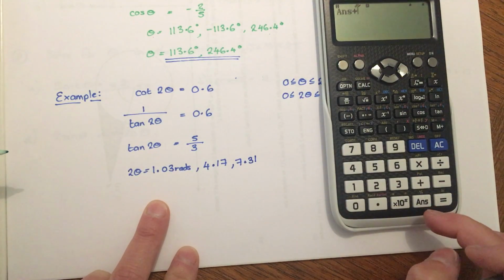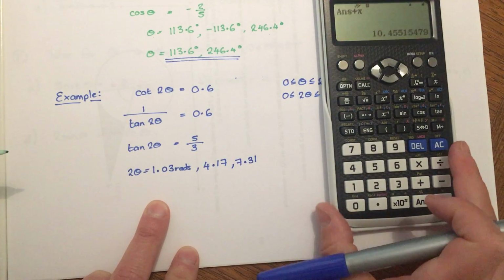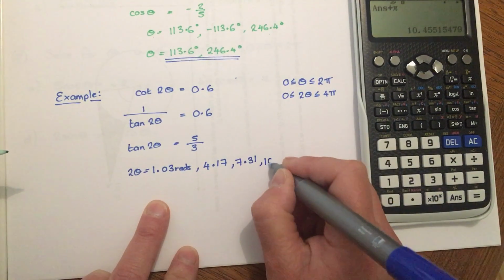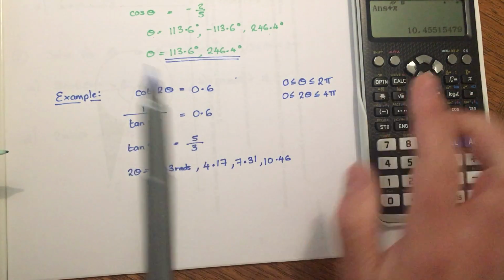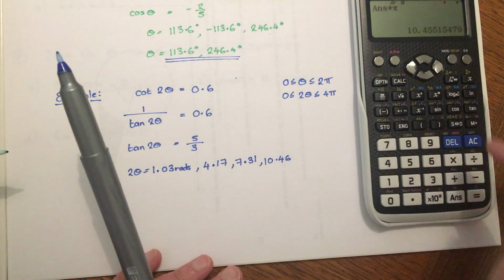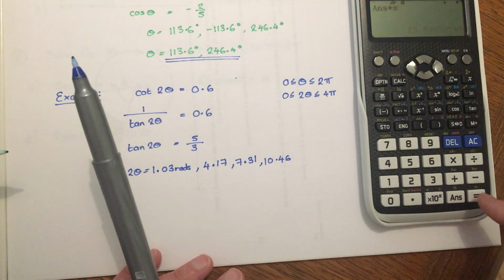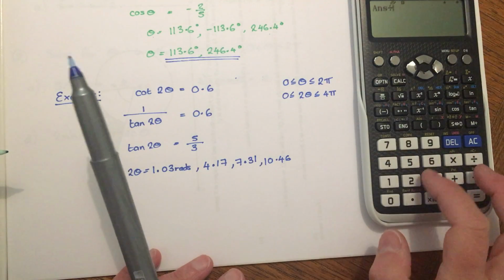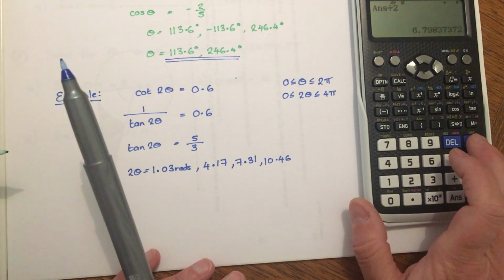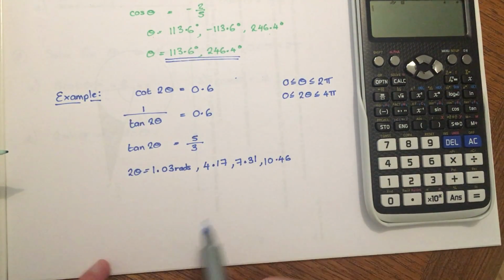Add pi, and I'll get 10.46. If I added pi again, I'll be out of the range. So those are my solutions there.